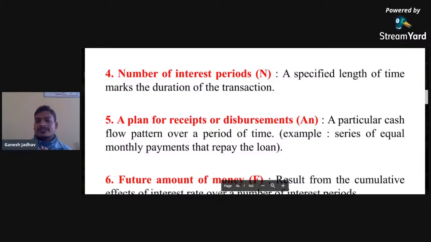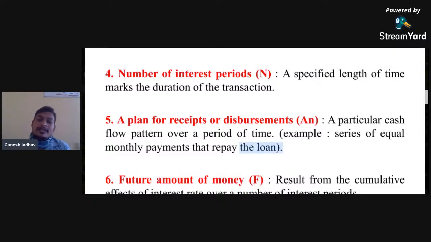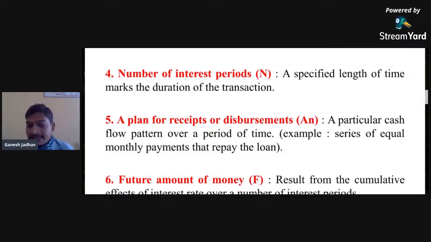So you can say that this is the investment. So a series of the equal monthly payments. Okay, equal monthly payments. So whenever you buy any flat, you are required to make a basic investment of the 5 to 6 lakh.